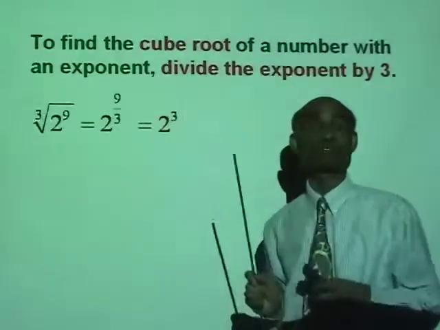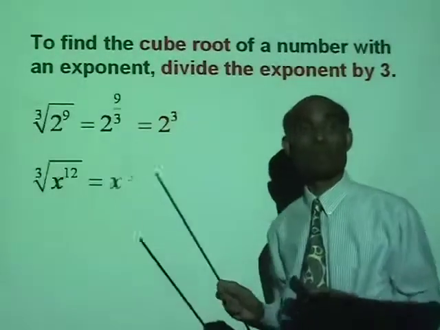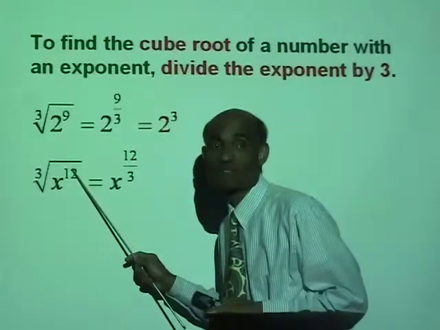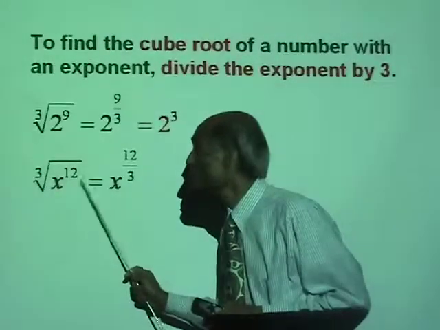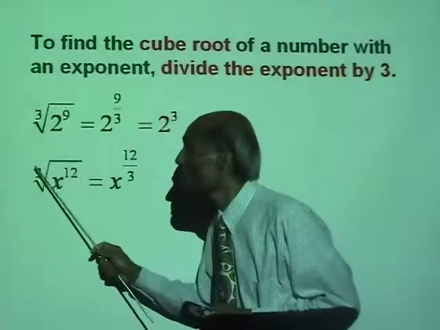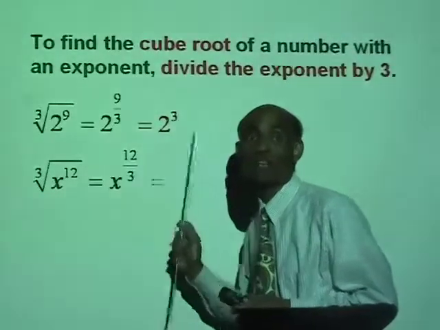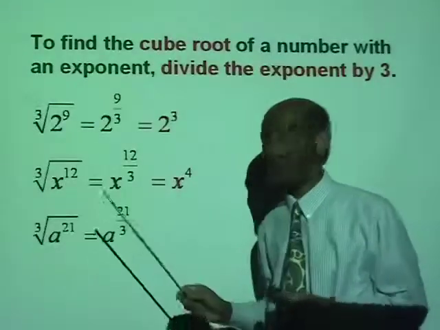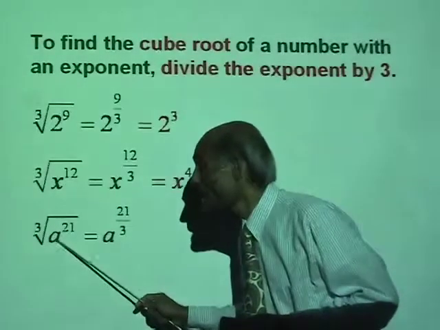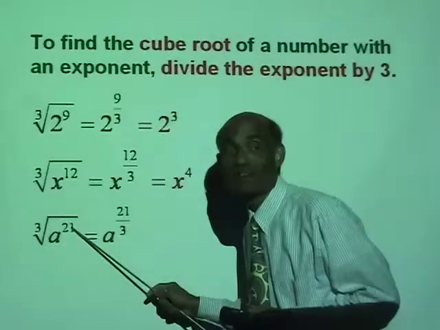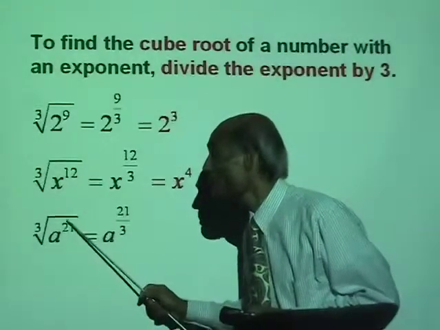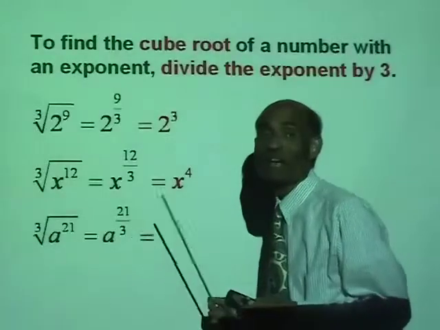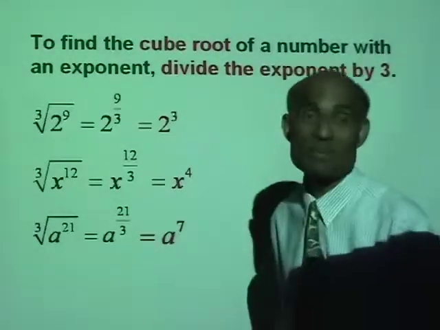That will be 2 to the power of 3. Cube root of x to the power of 12 is x to the power of 12 divided by 3. That is x to the power of 4. Cube root of a to the power of 21 is a to the power of 21 divided by 3. That is a to the power of 7.